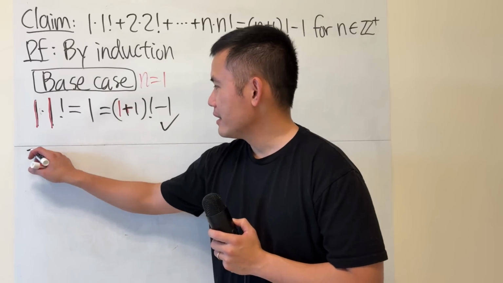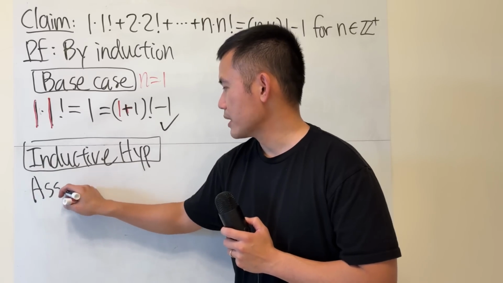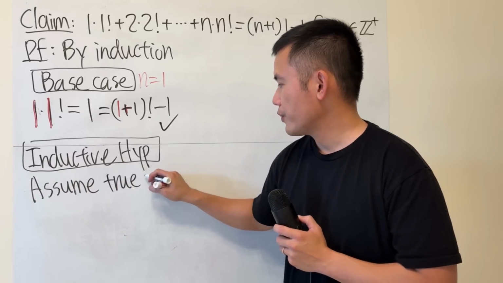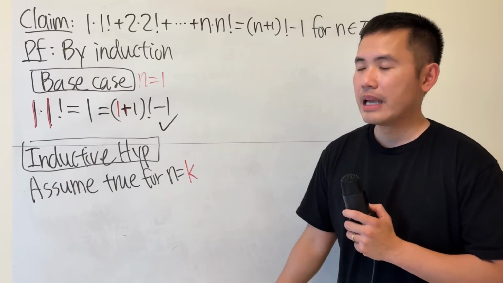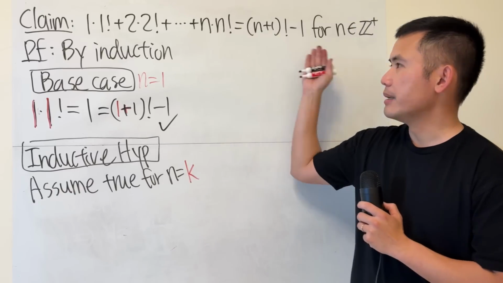Anyways, now, inductive hypothesis. Here, I'm just going to say, assume the claim is true for n equal to some k. What this means is that I can legitimately plug in k into here and then make it true.